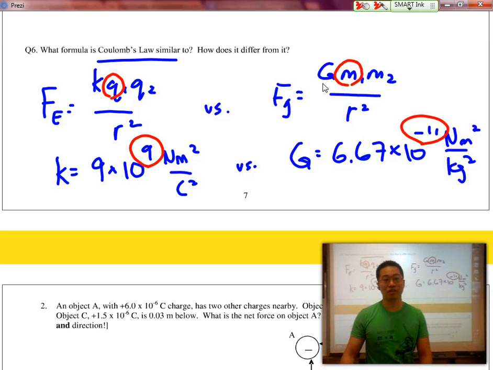Electrostatic force is an incredibly great force. It's so strong that it binds the atoms together. Gravitational force is very weak, but the only reason we feel the gravitational force is because the Earth itself has such a tremendous mass, 10 to the 24th kilograms. But we can feel the same strength of forces with very minute charges.